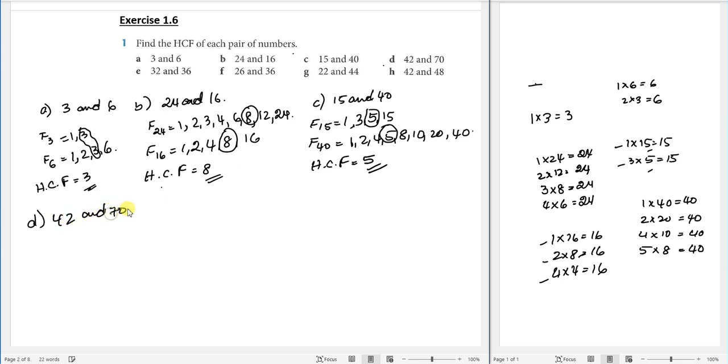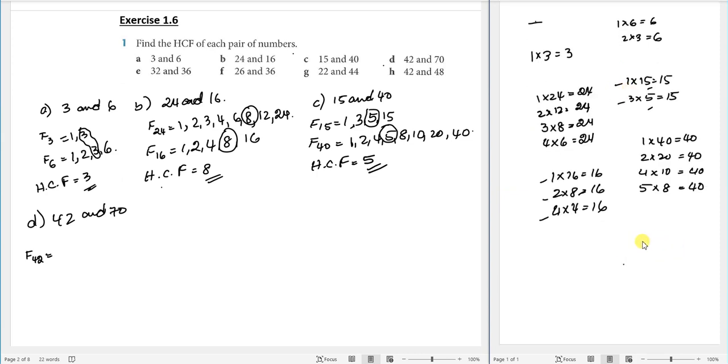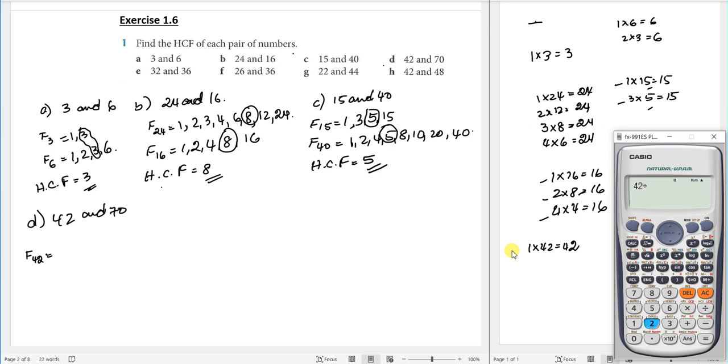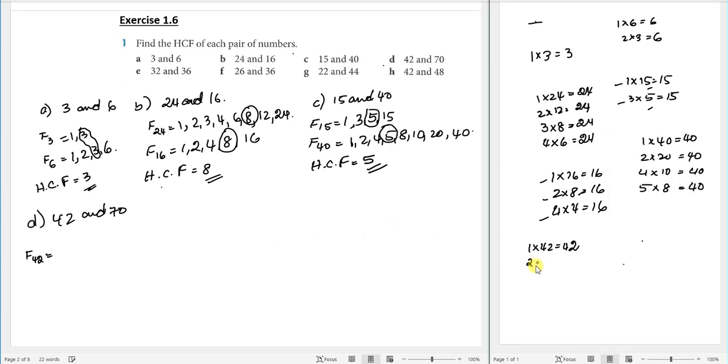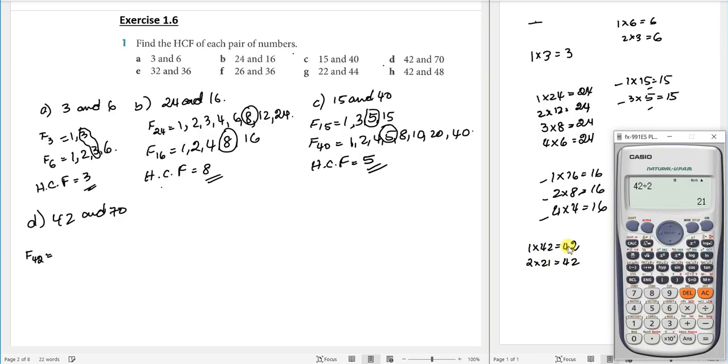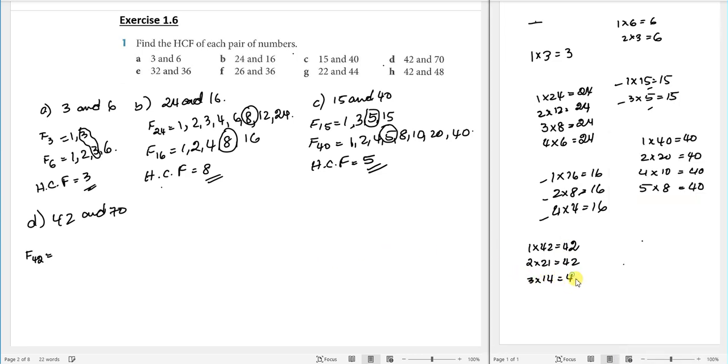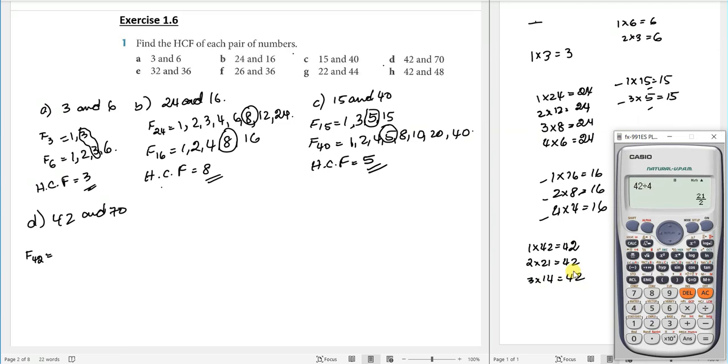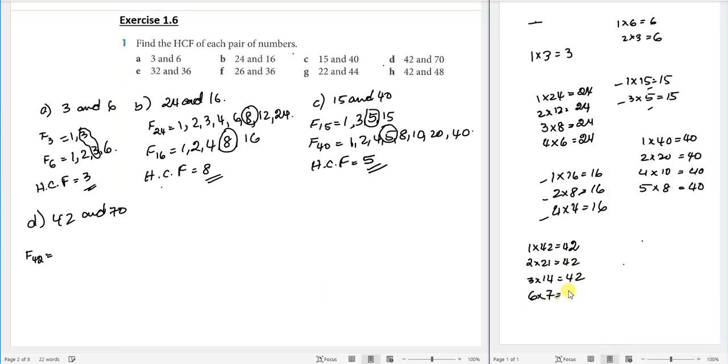42 and 70. So we have F42. 1 times 42 is equal to 42. 42 divided by 2 is 21, 2 times 21 is equal to 42. 42 divided by 3, 3 times 14. 42 divided by 4, 42 divided by 6, 6 times 7 is equal to 42.